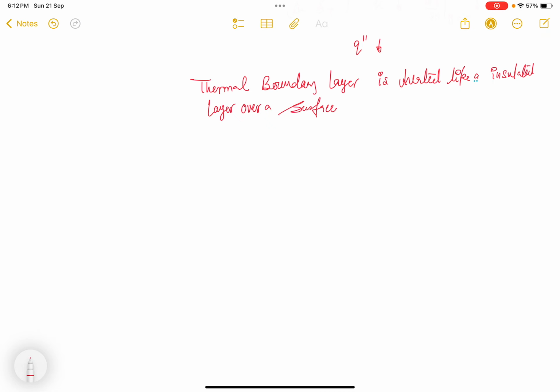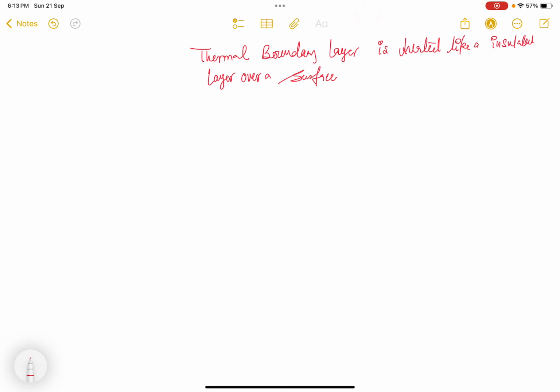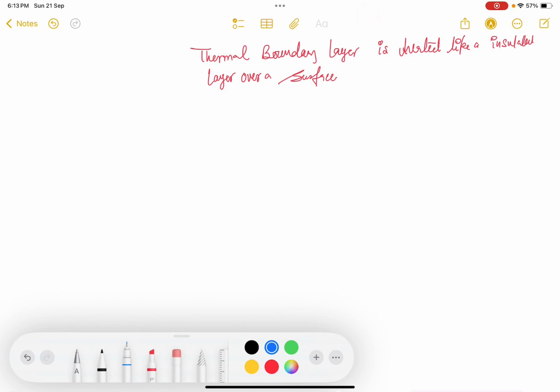Moving on, I would like to introduce some non-dimensional numbers which are of great interest for convection heat transfer. The one is the Prandtl number.